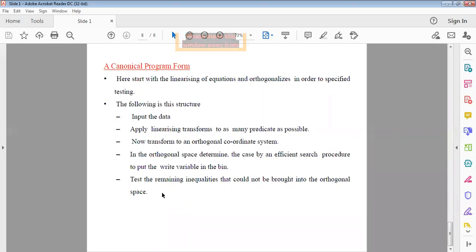So up to this topic, we have completed the domain testing part. From tomorrow onwards, we will discuss the second part: paths, path reduction, path representation, and path regular expressions, how the path is represented.